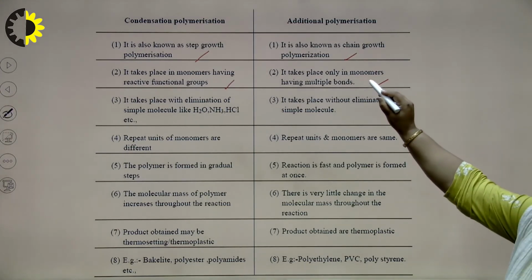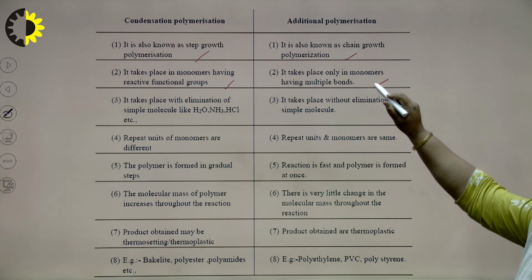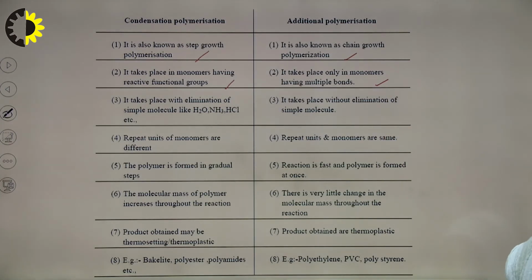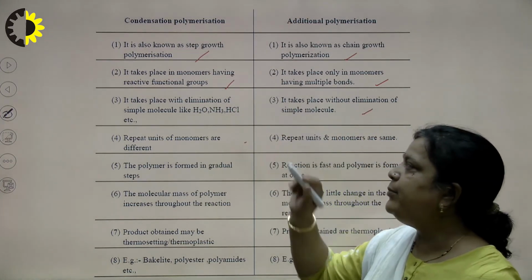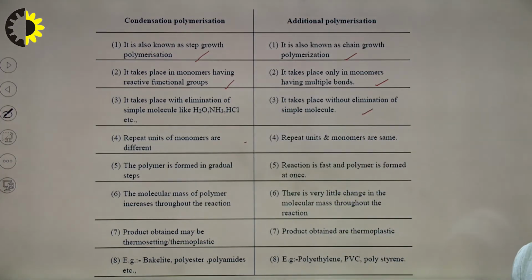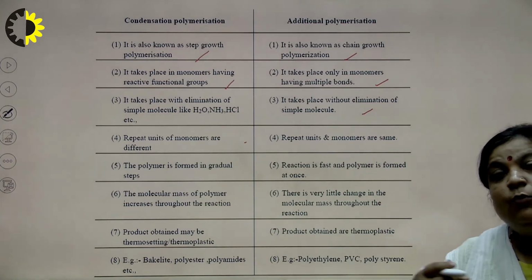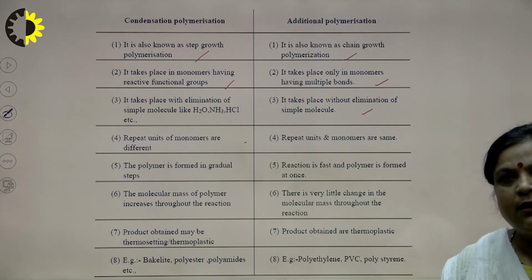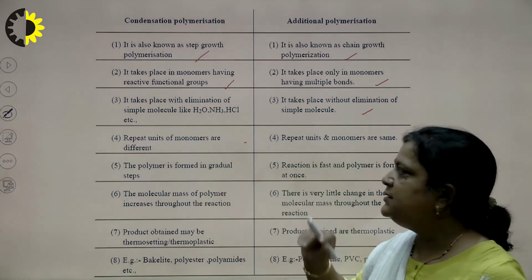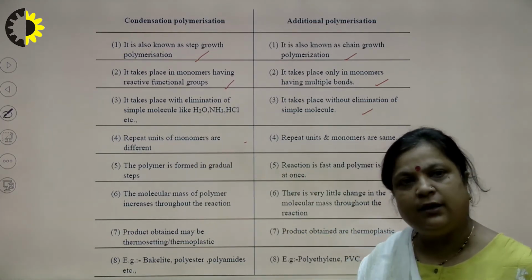Now, we extend this multiple bond. Here the direct addition takes place, so nothing gets liberated, while in condensation, byproducts get liberated. The repeating units, that is monomers, may be the same or different, while in condensation they are generally different.